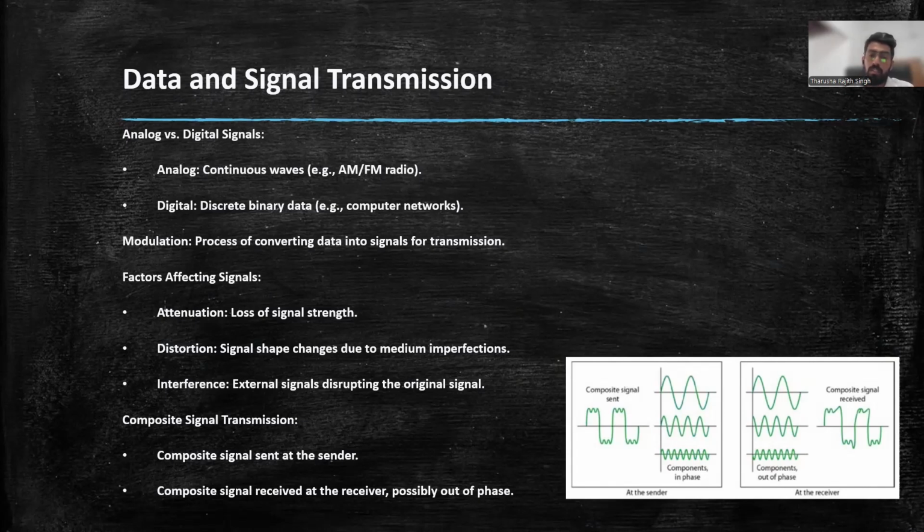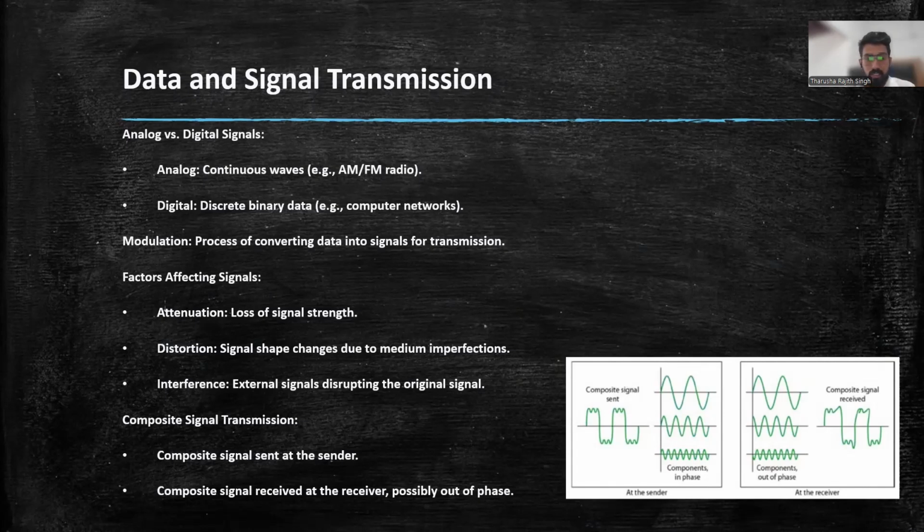Modulation is the process of converting data into a signal for transmission. This is essential for transmitting information over a communication channel. Common modulation techniques include amplitude modulation, frequency modulation, and phase shift keying.